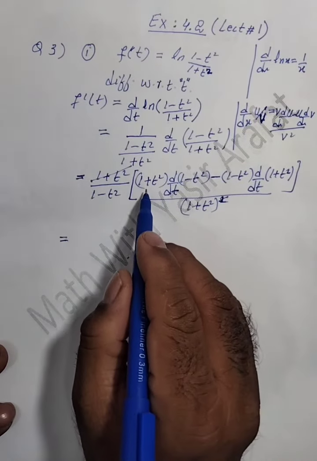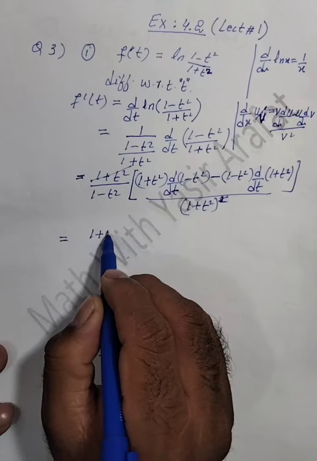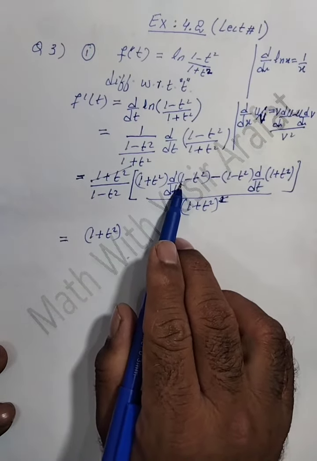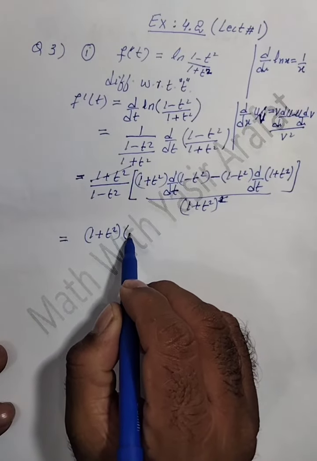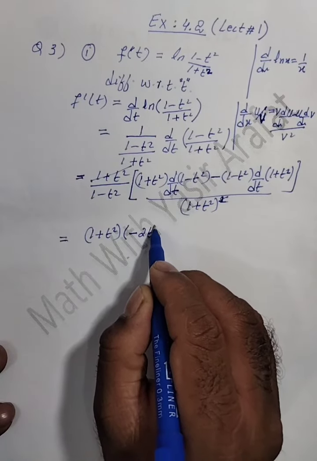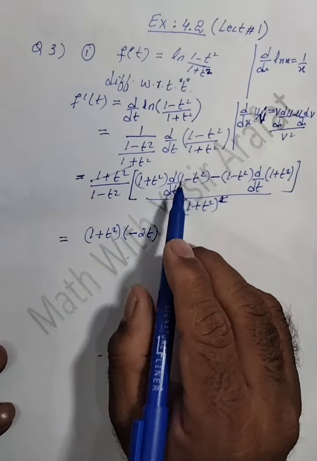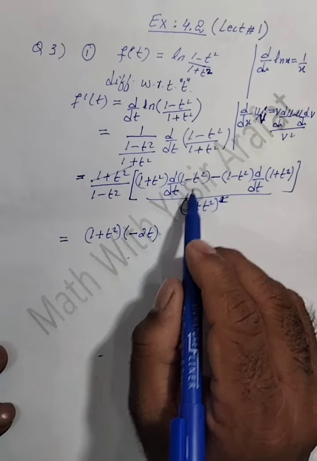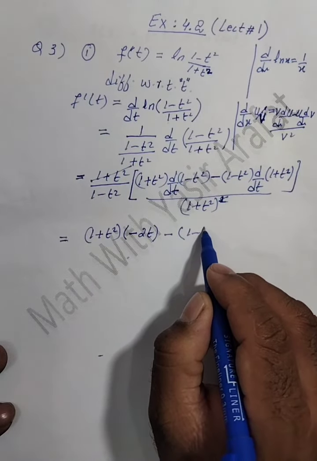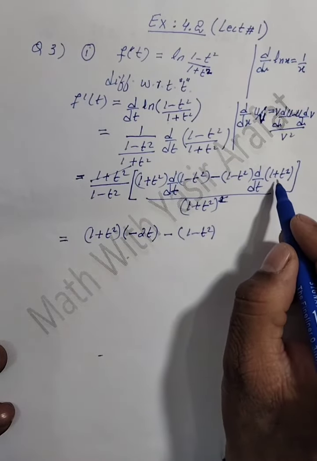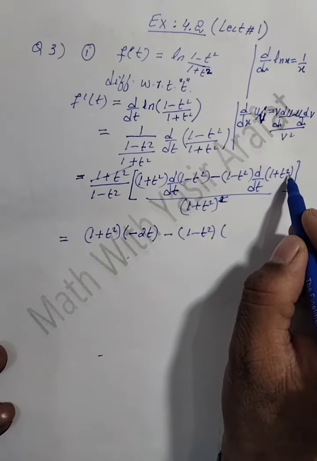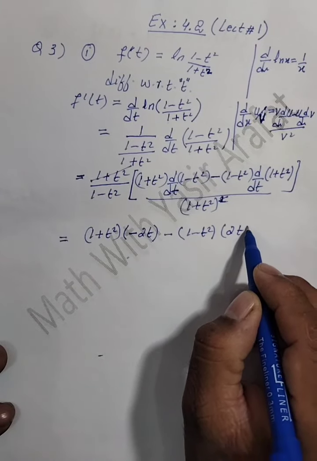So here 1 plus t square as it is, times the derivative of this function. The derivative of 1 is 0, and the derivative of t square is 2t, so it is minus 2t. Here 1 minus t square remains the same, and again 1 plus t square: the derivative of 1 is 0, and the derivative of t square is 2t.